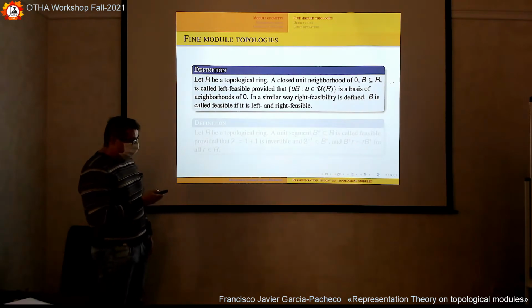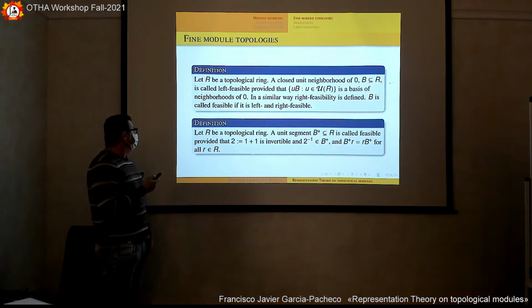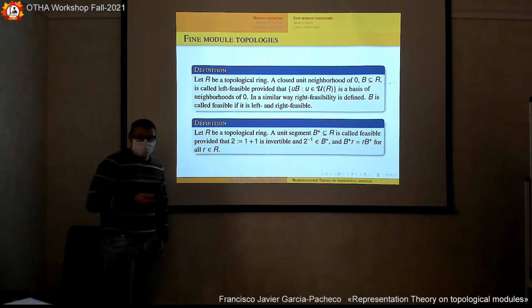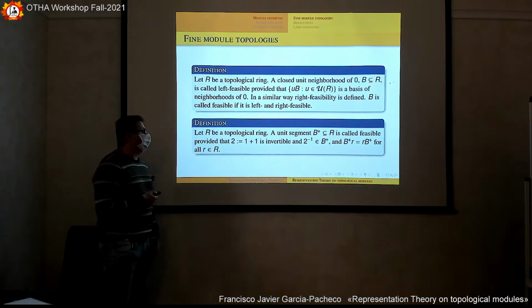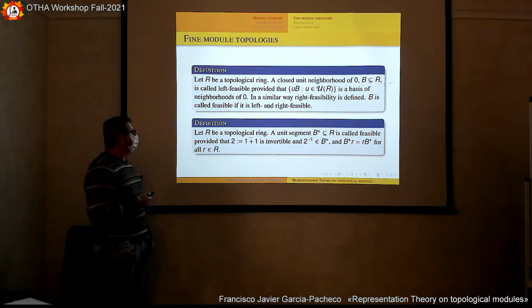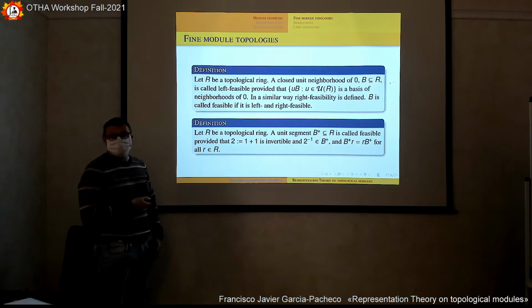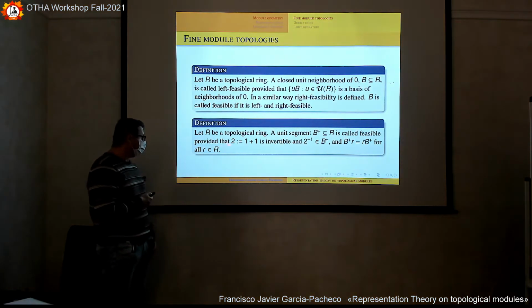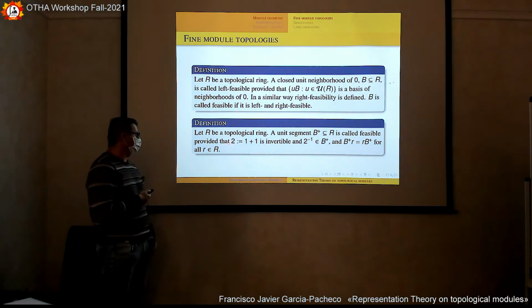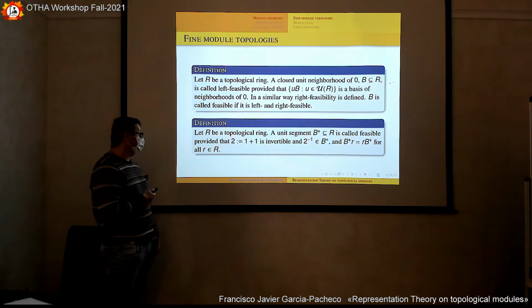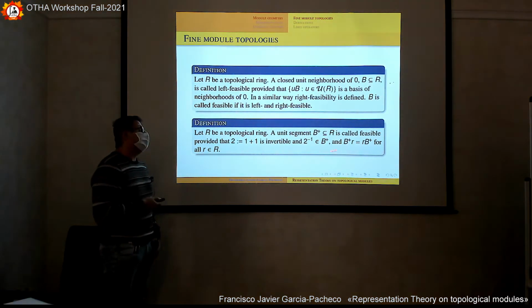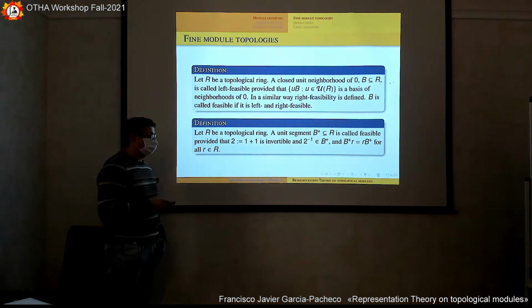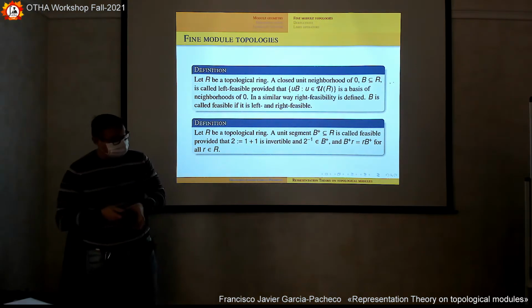And the suitable unit segments that we are going to need are called feasible, and they verify that 1 plus 1 is invertible in the ring, and the inverse belongs to the unit segment, and also the unit segment commutes with every element in the ring.